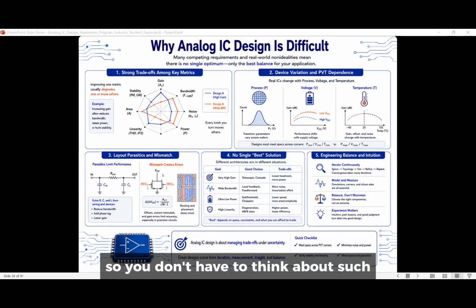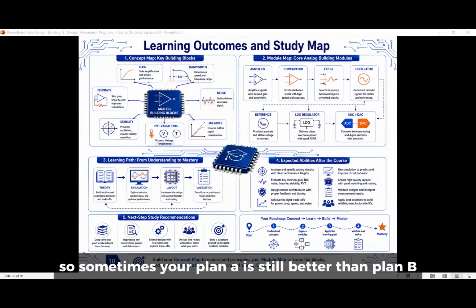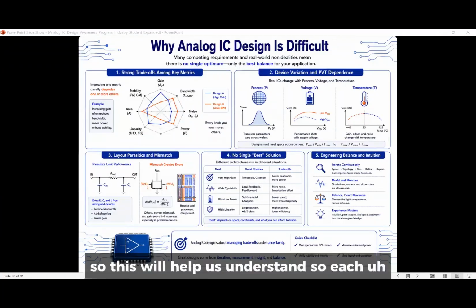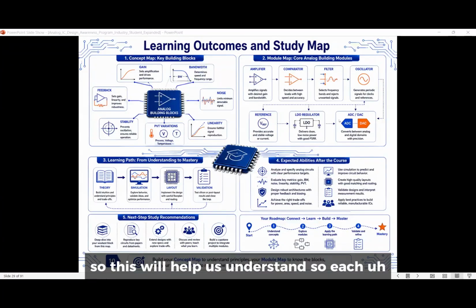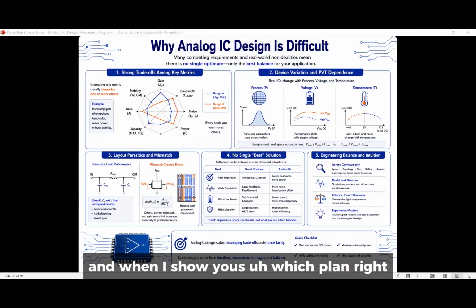So you don't have to think about such a wide range of variation of the chip. So sometimes your plan A is still better than plan B, subject to the real application. So this will help us understand each plan, their pros and cons, and their limits, and when I should use which plan.